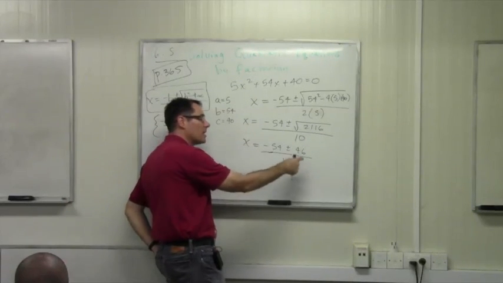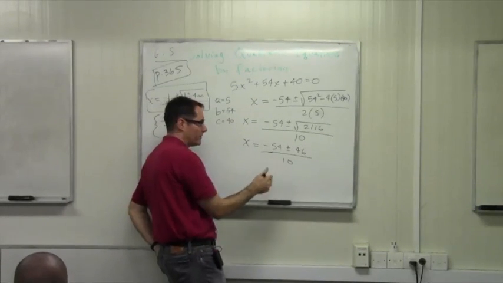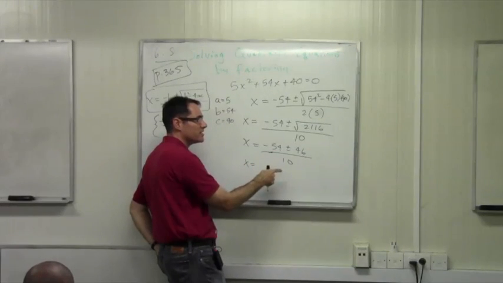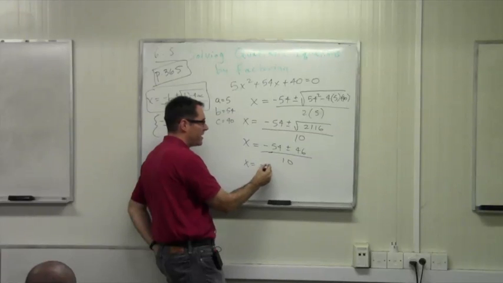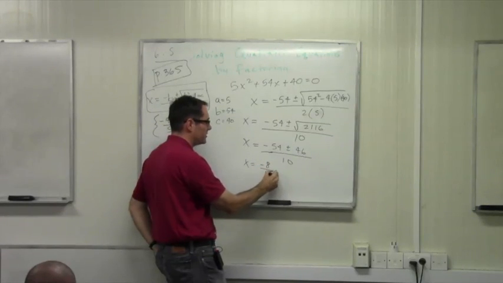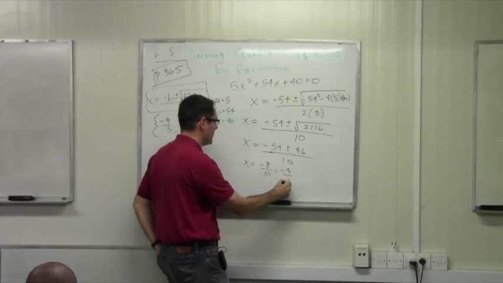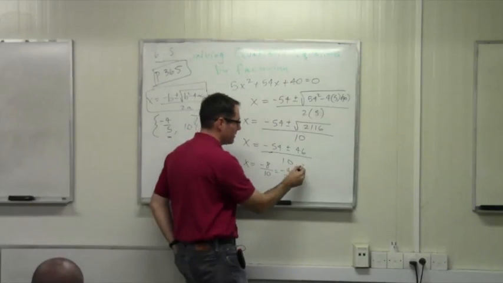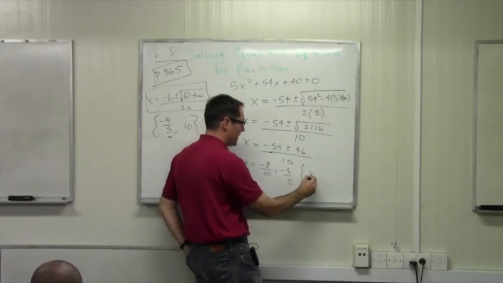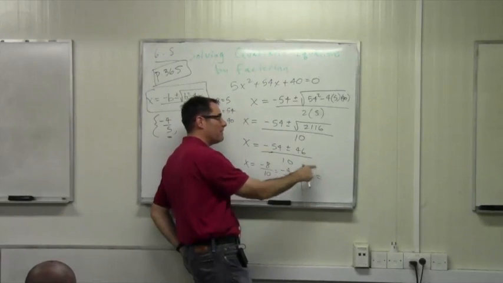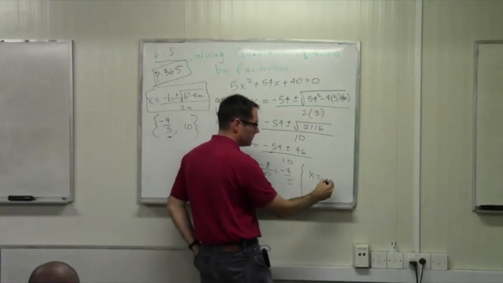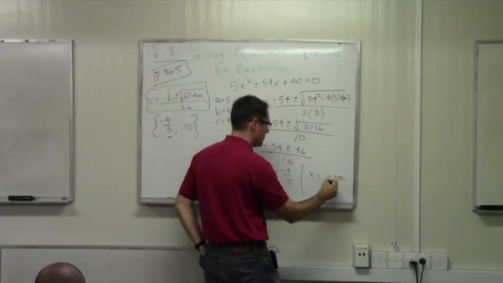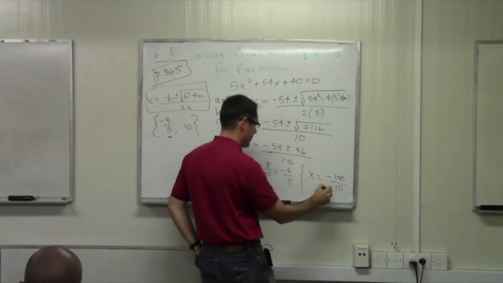Negative 54 plus 46 is negative 8 over 10, which equals negative 4/5, which indeed is one of our answers that we got before. Or you do x equals negative 54 minus 46, which is negative 100 divided by 10.